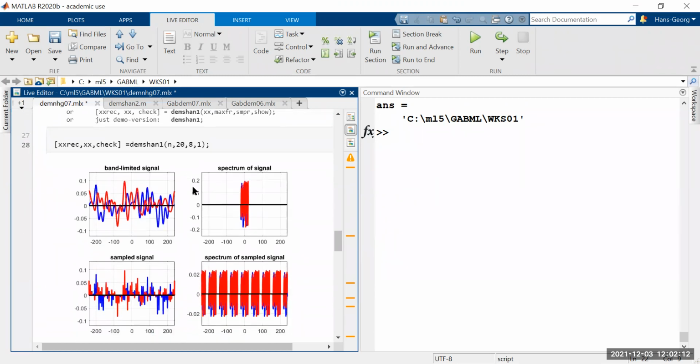Now, the Shannon sampling theorem is something quite important and quite useful, mostly also for the engineers, but also in our daily life. We are using CD players or streaming services in order to listen to music, and if you have good headphones and a streaming device, you're thinking that it's almost like a concert hall.